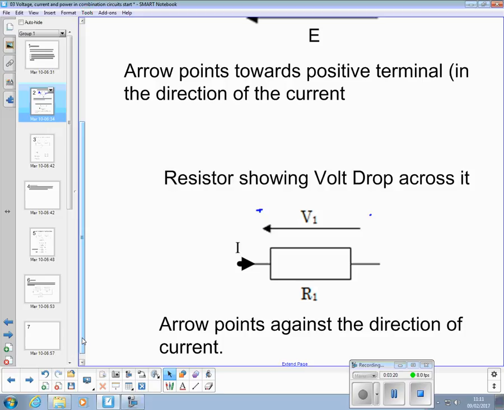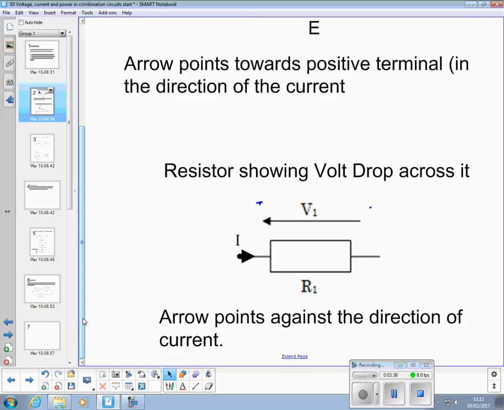So we've got current going that way, voltage arrow points that way. If the current was going in the opposite direction, the voltage arrow would be in the opposite direction. Everybody happy with that? So we've got some notational ideas that are important to follow.